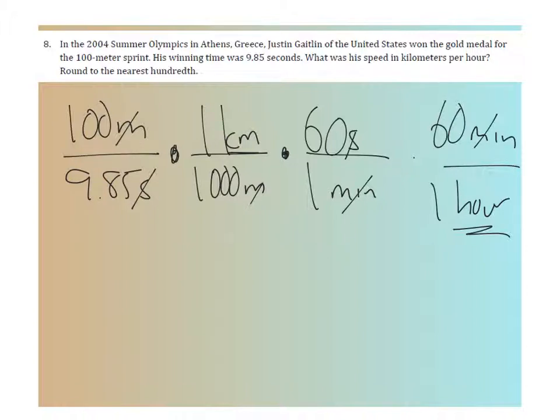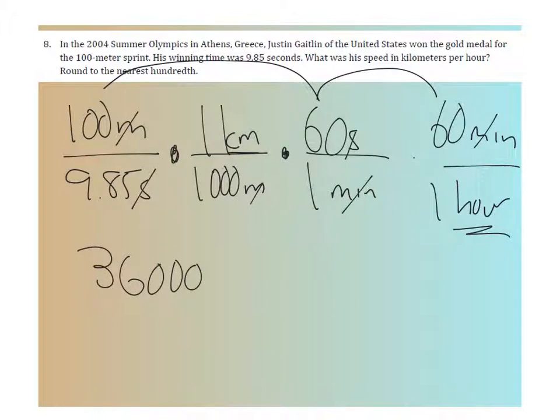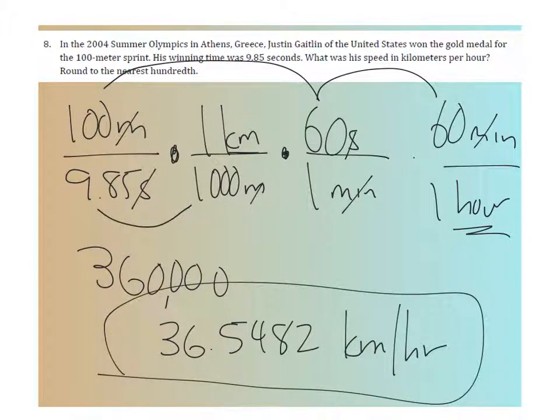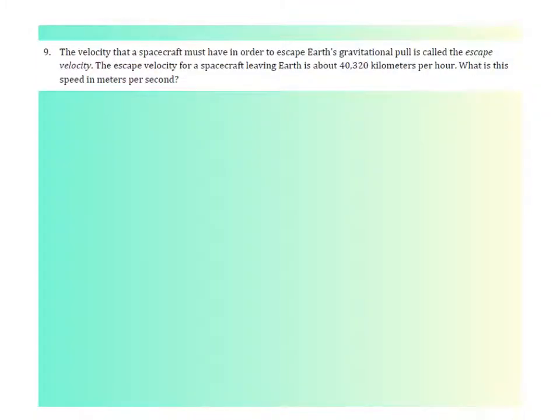So I'm going to take 100 times 60 times 60, and I'm going to get 360,000. And I'm going to divide that by 9.85 times 1,000. So I end up with 36.5482 kilometers per hour. So that's how fast he's running when he ran his 100-meter dash.